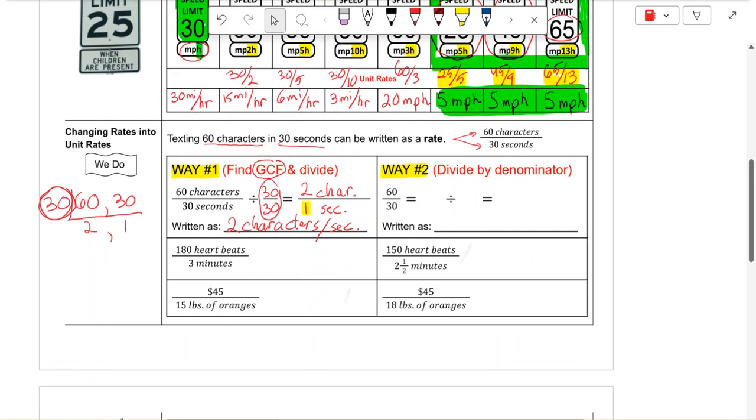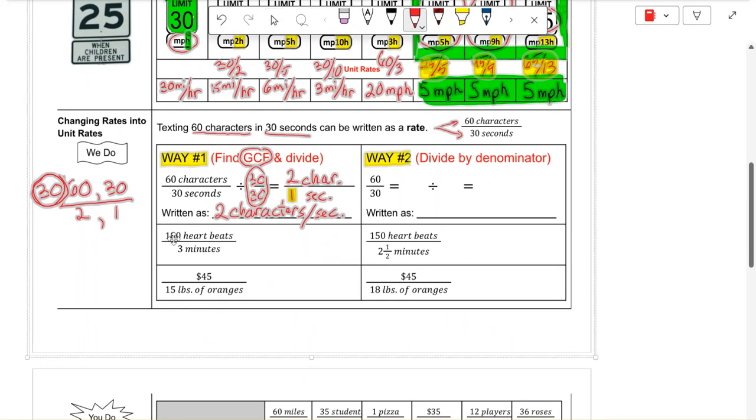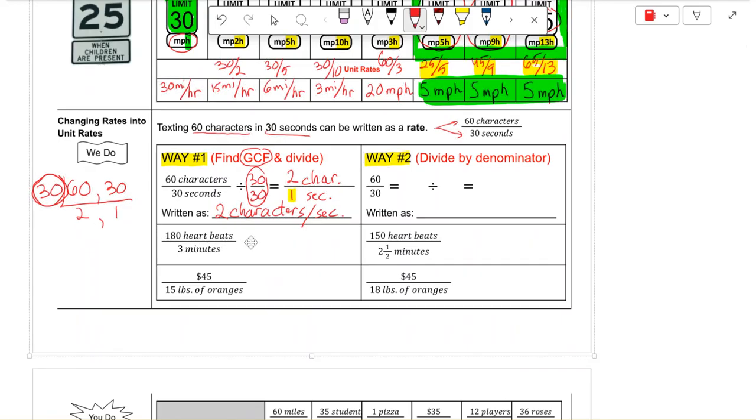Now let's try it. We have heartbeats down here. 180 heartbeats per 3 minutes. So just like up here, we're going to divide by the GCF of 180 and 3. Now 3 goes into both, and 3 goes into 180 60 times, and 3 goes into 3 once.